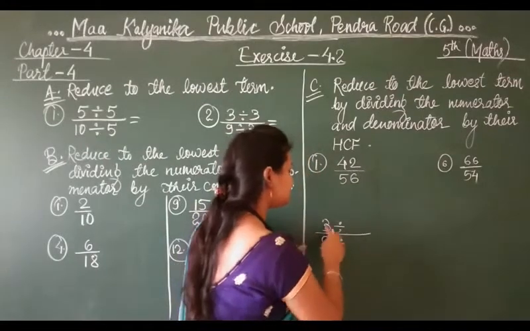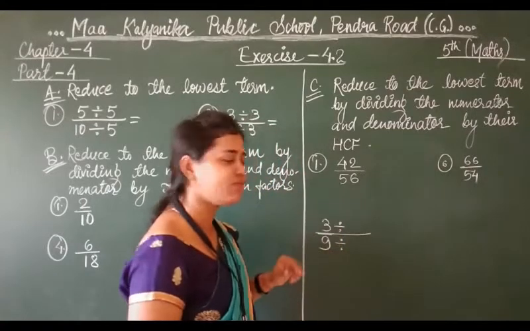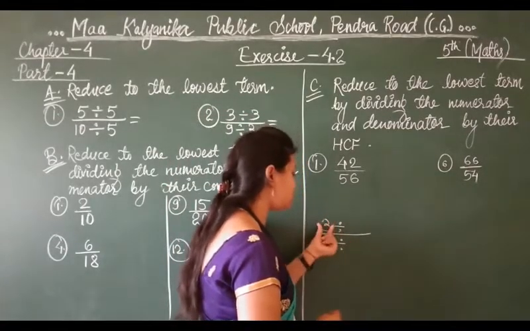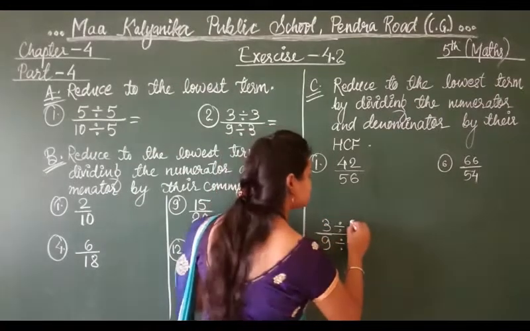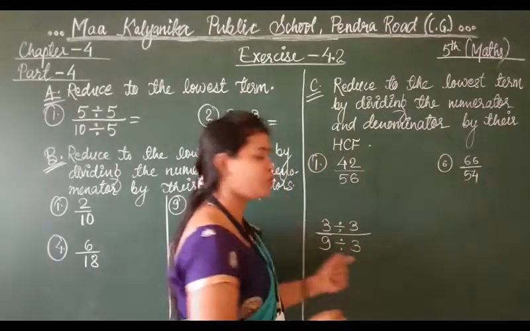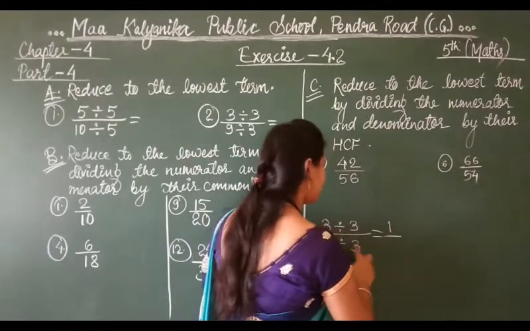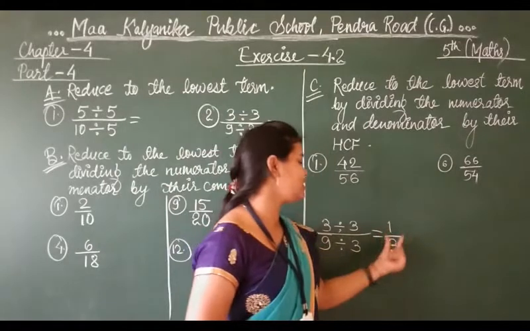This fraction 3 by 9 will be divided by a common factor. I am taking 3 because 3 is the smaller number and 3 can divide 9 also. So the same number should be written here also. Now 3 divided by 3 is 1 and 9 divided by 3 is 3. So 1 by 3 is the lowest term.